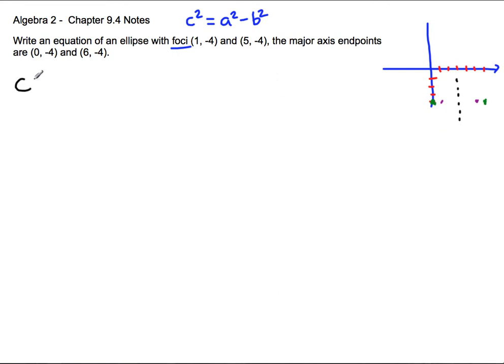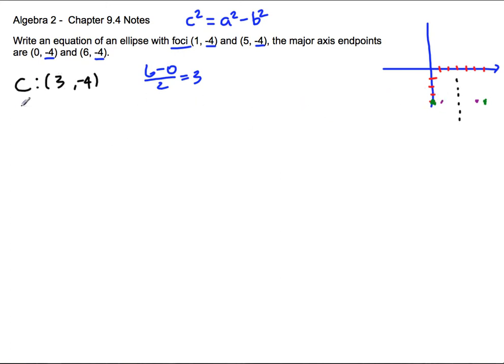Well, I know for a fact that my center has to have a y-coordinate of negative 4, because negative 4 is the y-coordinate on all the points that I've looked at so far, since these are all major axis points. So I just need to get to the middle of that. What's halfway between 0 and 6? Well, 6 minus 0 divided by 2 is 3. So my center is at the point (3, -4).